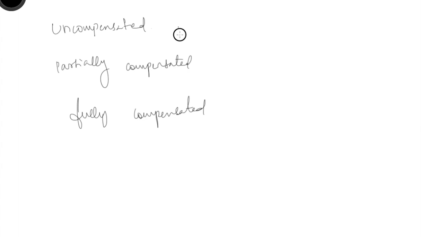Okay. So if it is uncompensated, let's say there is a primary defect. There is a primary problem. Let us say it is a respiratory acidosis. This is the primary problem. So what according to us is the compensatory mechanism? It should be metabolic alkalosis, right?